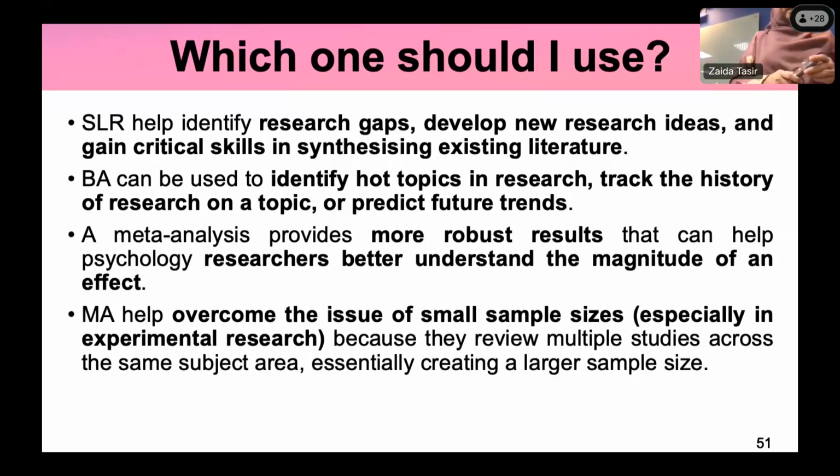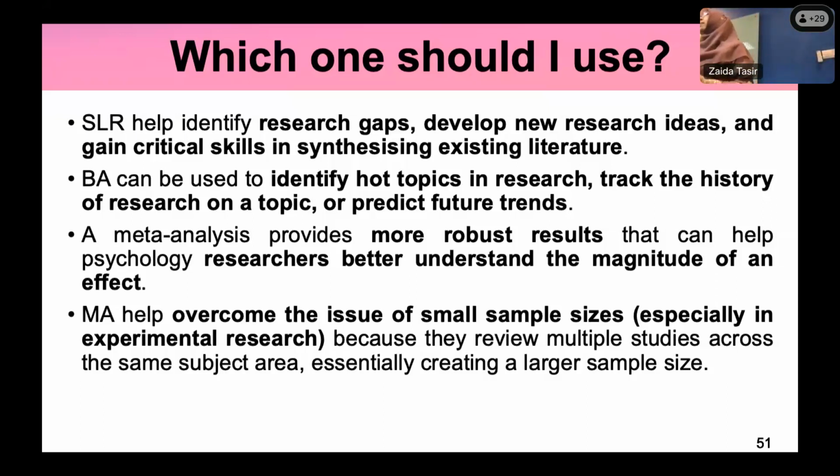And meta-analysis is where you would like to focus on a more robust result because you will analyze the effect size for each article that uses experimental research. Then you report it properly, and then you analyze it back. That's why you call it meta-analysis. What does this mean, meta?